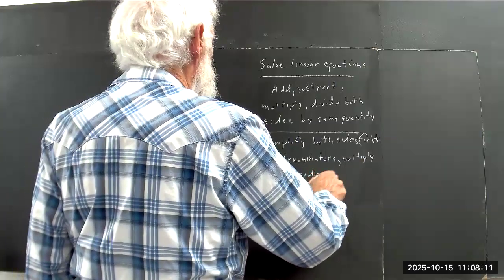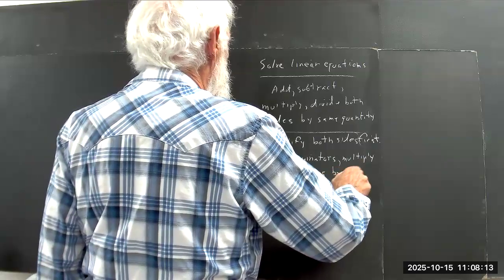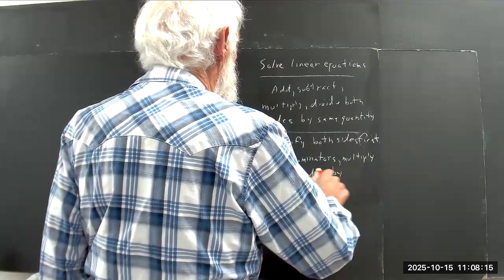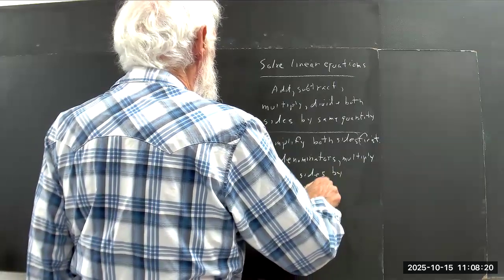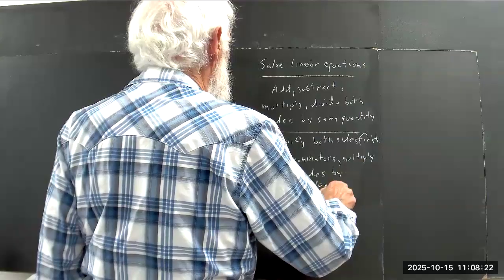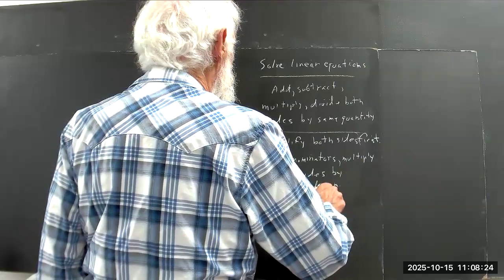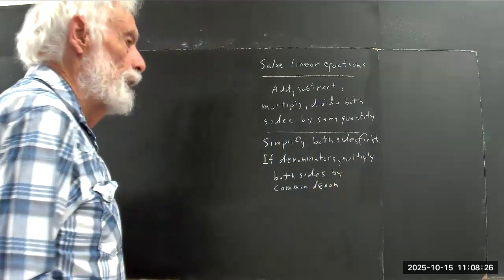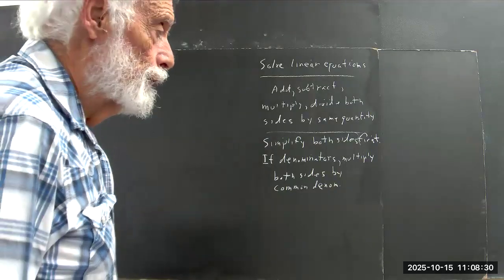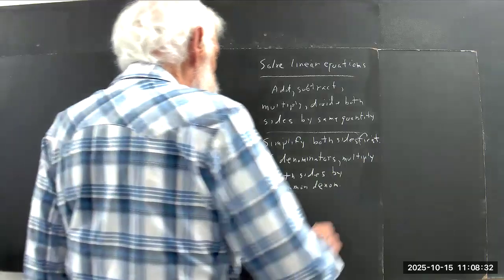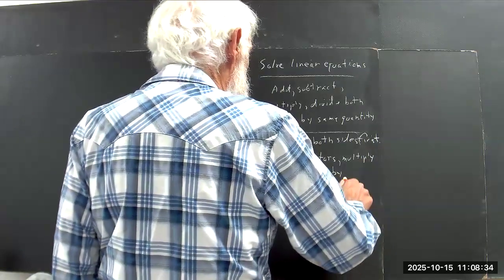If you got denominators, multiply both sides by the common denominator. And I'm going to say something that I'm not going to really test you on, but for the future.